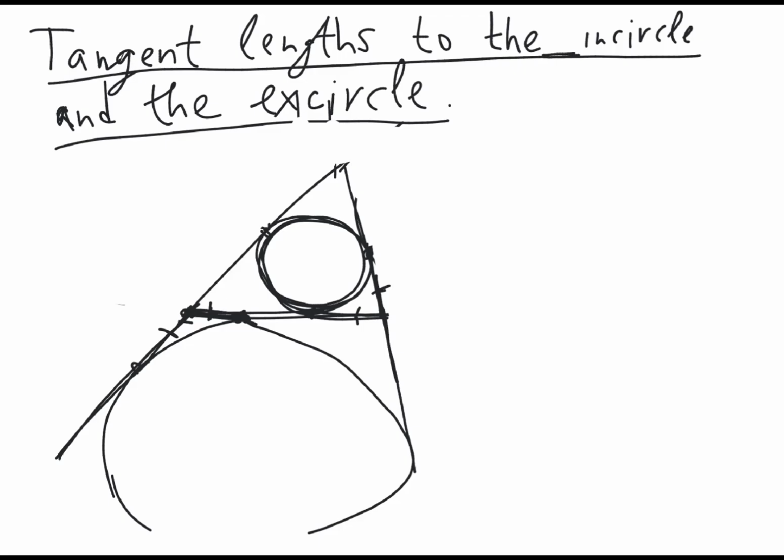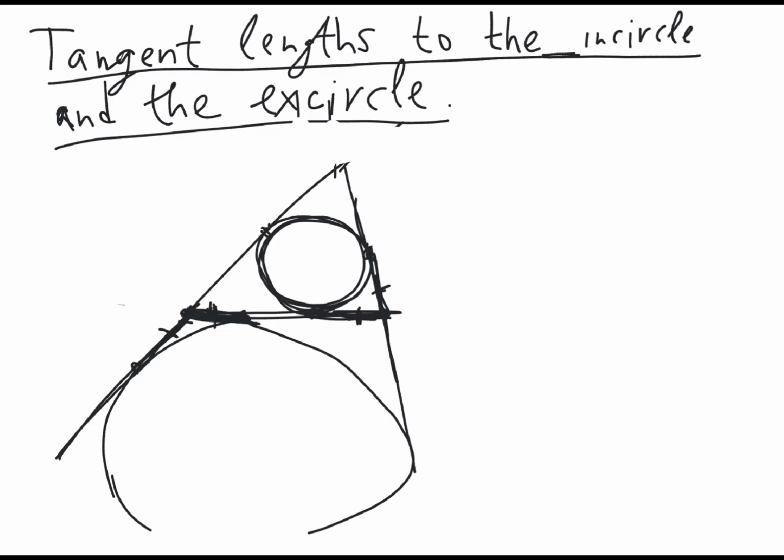So the tangent from one vertex to the tangency points of the incircle is equal to the tangent from the other vertex to the excircle. So these 2 segments are equal to each other.